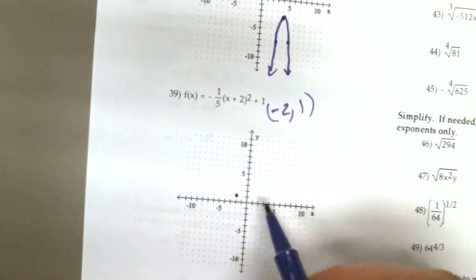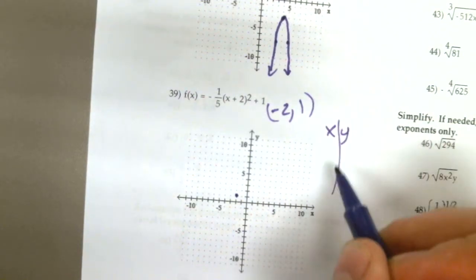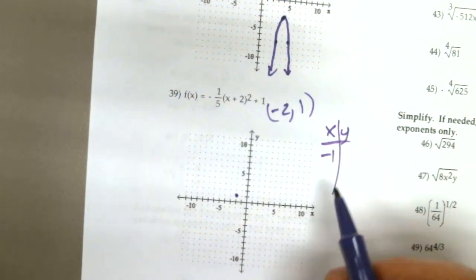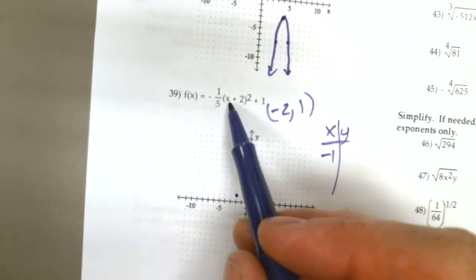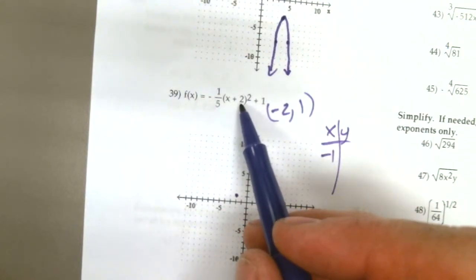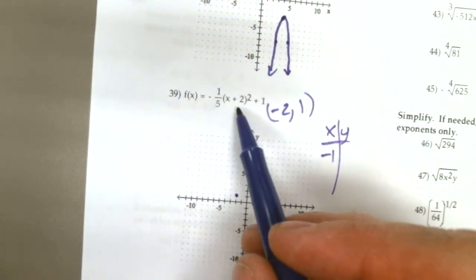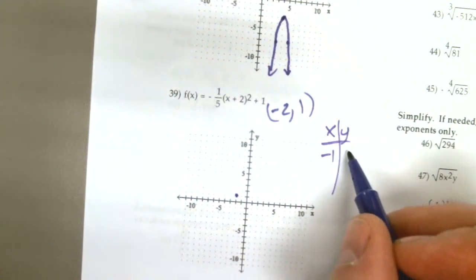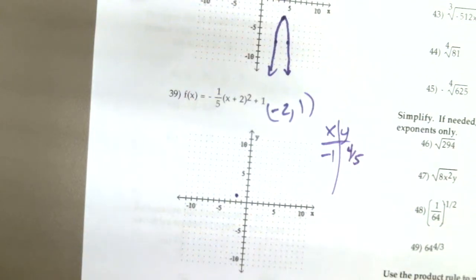If we want to find another point, we could make our table and plug in negative 1. Negative 1 plus 2 gives me 1. 1 squared is 1. 1 times negative 1/5 gives me negative 1/5. Plus 1 gives me positive 4/5.